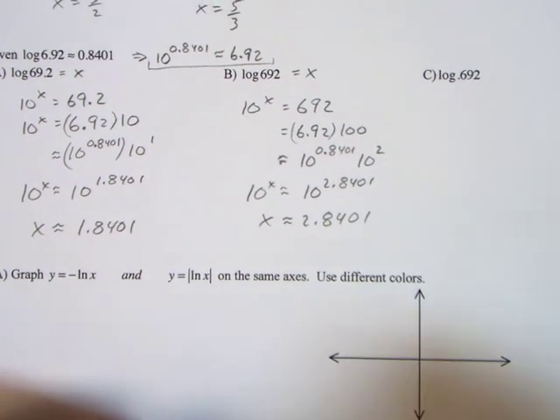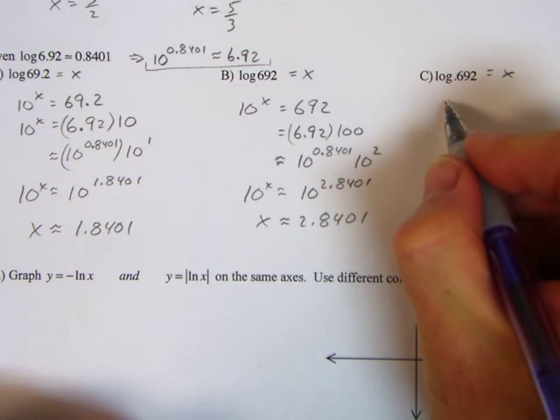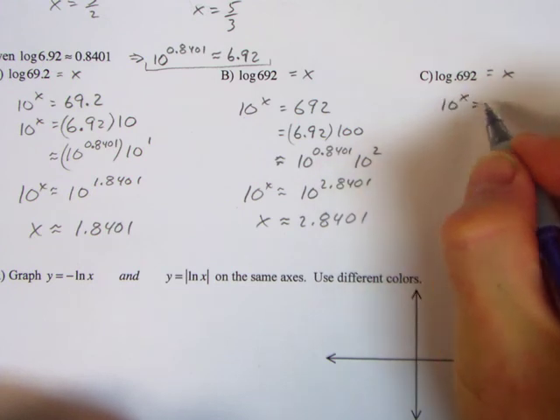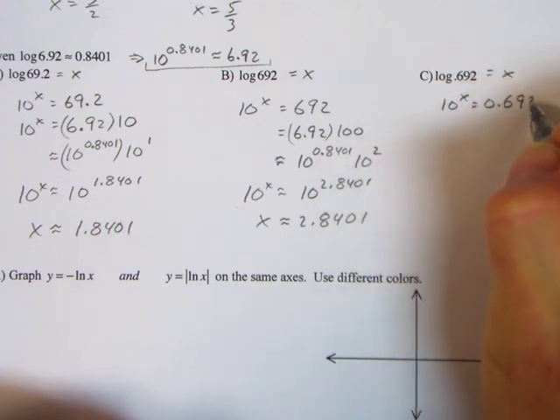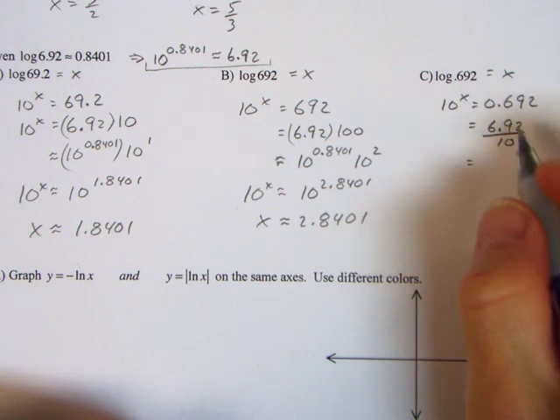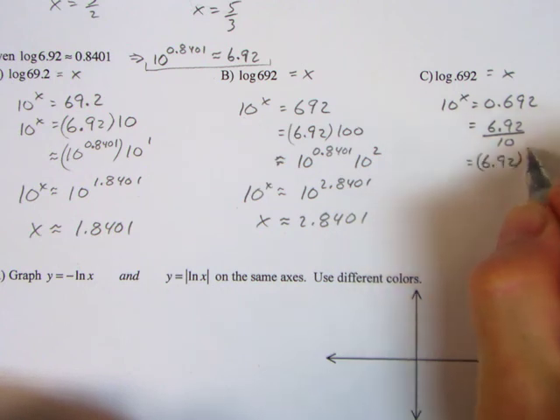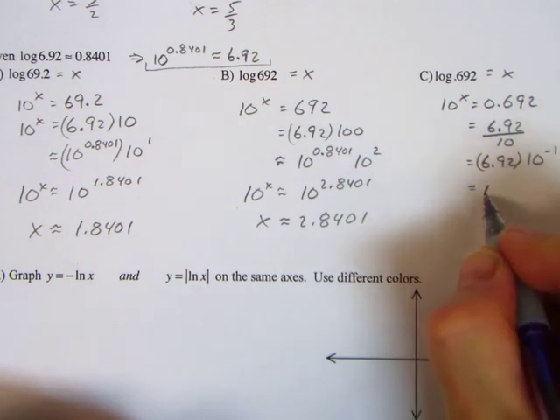Let's do the last one. And that is similar. Again, it's going to be a slight variation of it. This time we're going to have 6.92, and we're dividing it by 10. Well, how can I write that? That's the same as 6.92 times 1 over 10, which is the same as 10 to the negative 1.